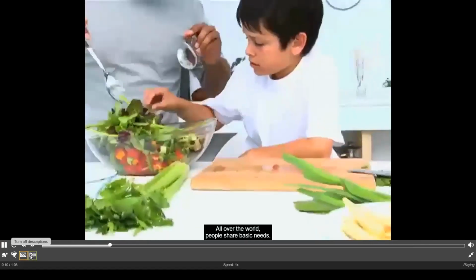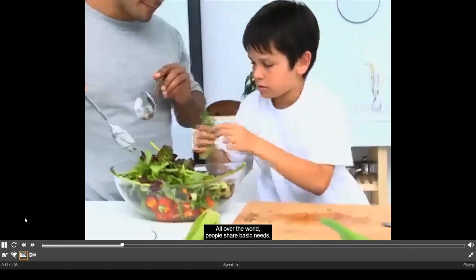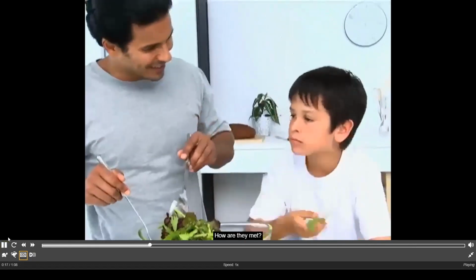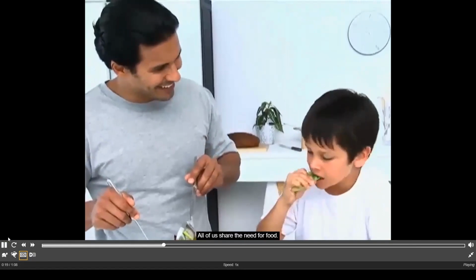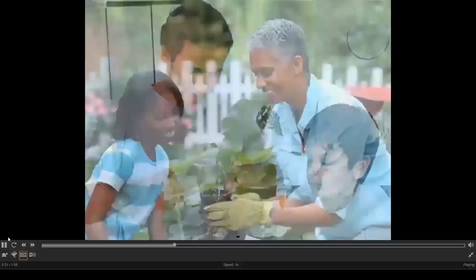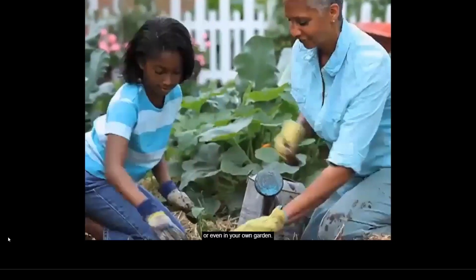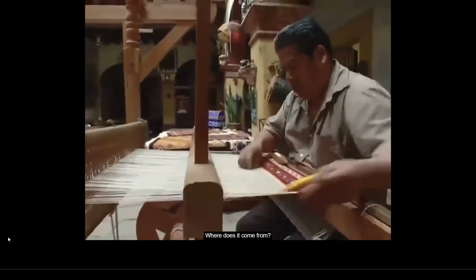All over the world, people share basic needs. What are needs that you have each day? How are they met? All of us share the need for food. Many foods we eat are grown on farms, or even in your own garden. Another basic need people have is clothing. Where does it come from?